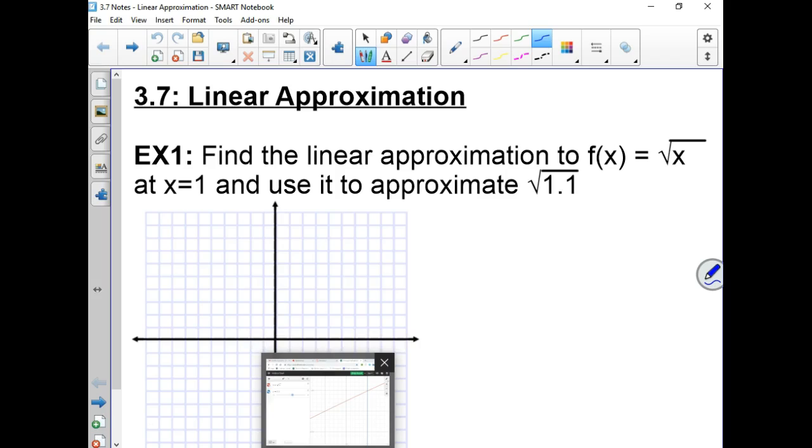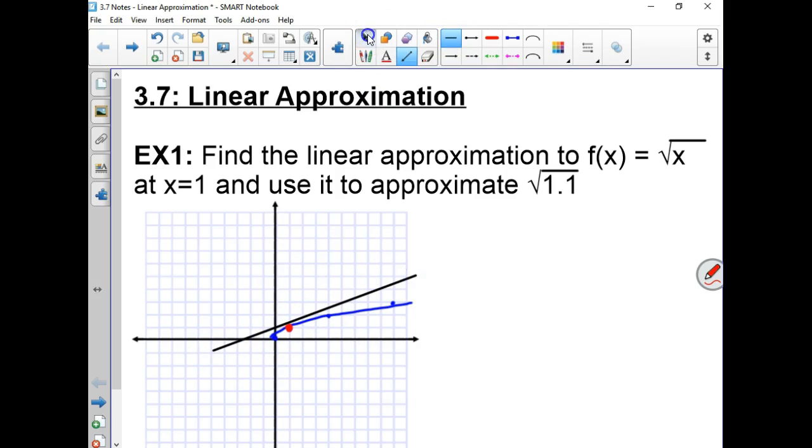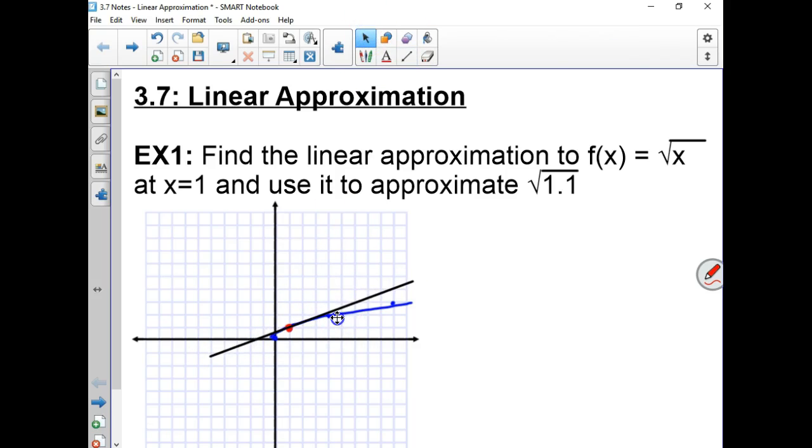Then what I can do is take that equation, y equals the square root of x, which looks like this. And I can find the tangent line at 1, which we know how to do already.